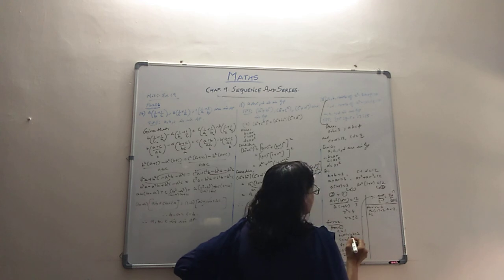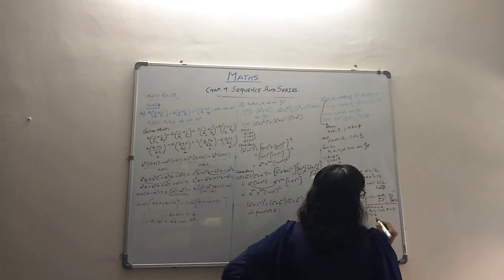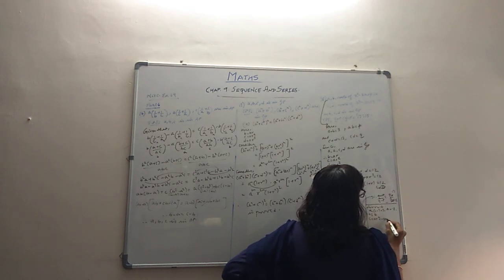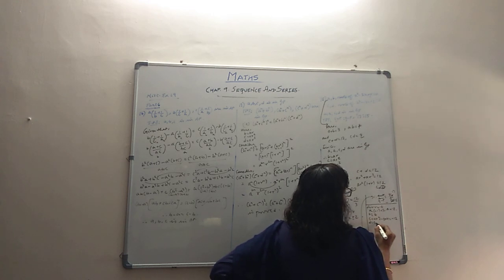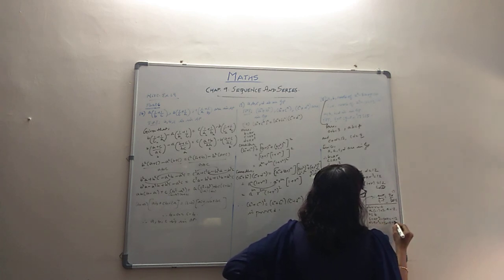B is AR, that means minus 3 into minus 2, 6. C is AR squared, minus 3 into 4, so that's minus 12. And D is AR cubed, so minus 3 into minus 8, which is 24.